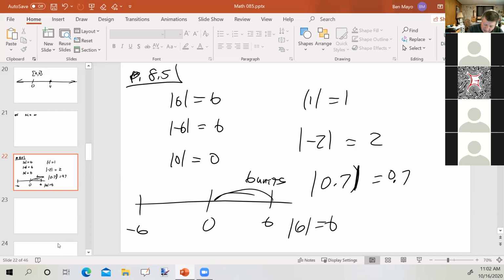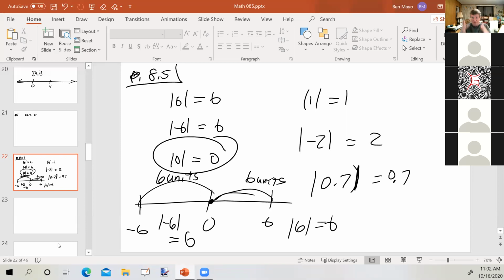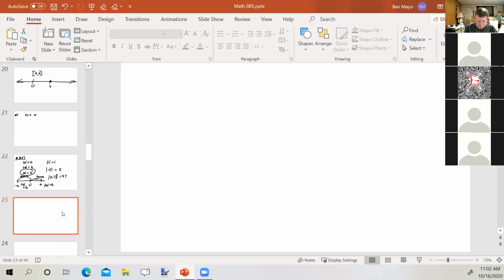But if we're talking about how far it is from -6 to 0, it's also 6 units. So the absolute value of -6 is also 6. The only time an absolute value is not positive is the absolute value of 0. How far is it from right here to right here? 0 units. Okay?